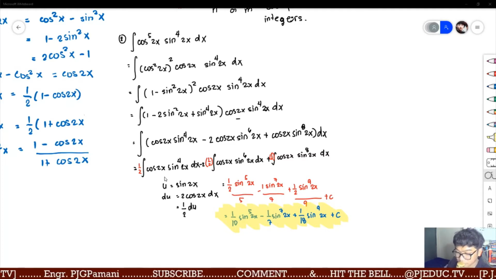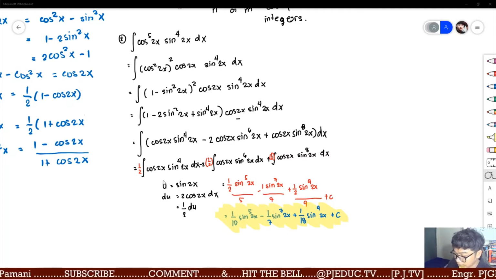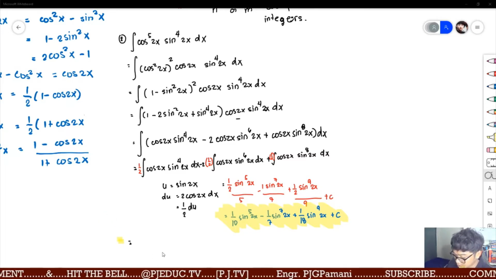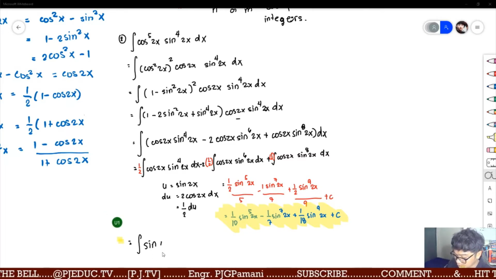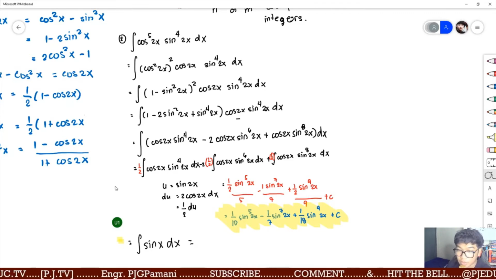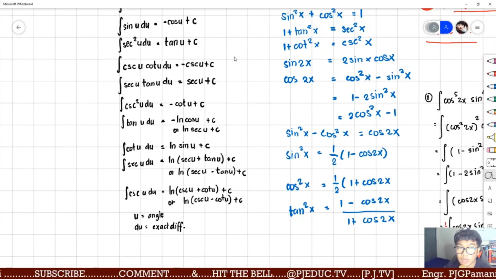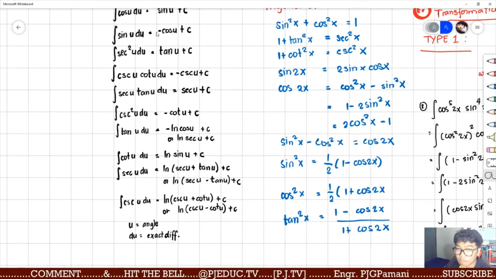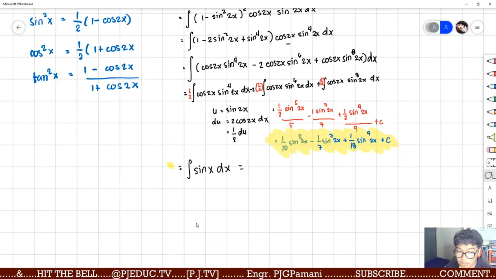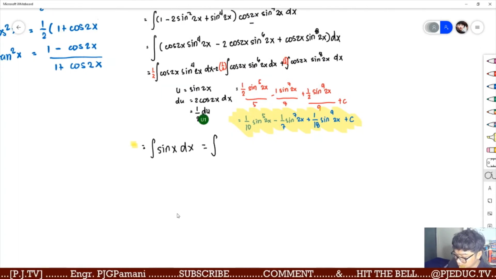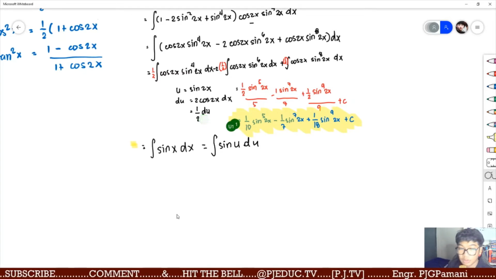Remember, ang tawag na dito, remember that if you integrate sine x dx from your trigonometric function, that is now equal to negative cosine x. Diba? So with this is also equal to sine u du. Diba?